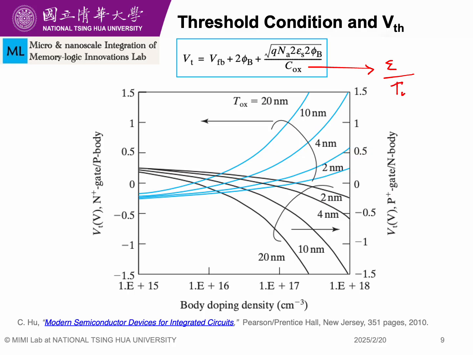For this one, the authors in this book have assumed this epsilon is SiO2. So if I increase the TOX, my Vt will increase. So that's another strategy, I would say.